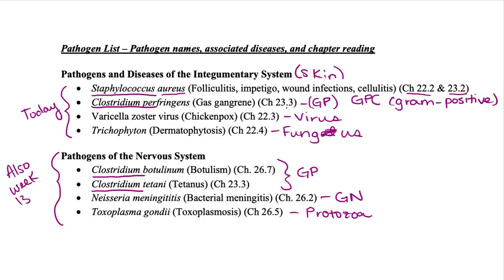And so in these sections right here, we'll have bacterial and anaerobic and viral infections of the skin and of wounds, and this will be fungal infections of the skin. So again, limit your reading to just these sections and then the pathogen information within that section.